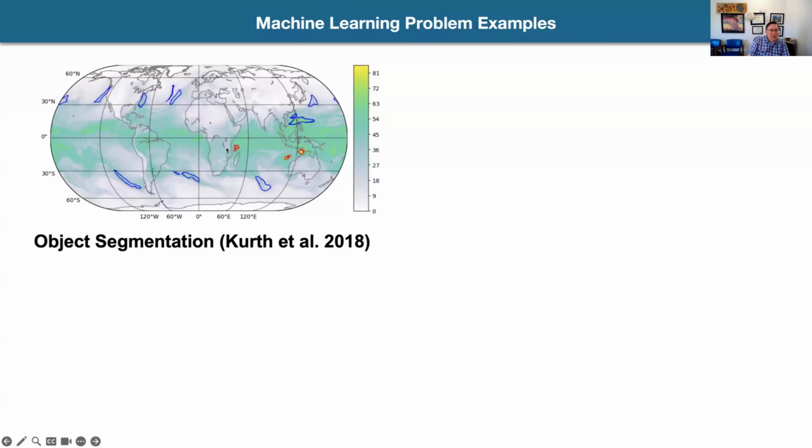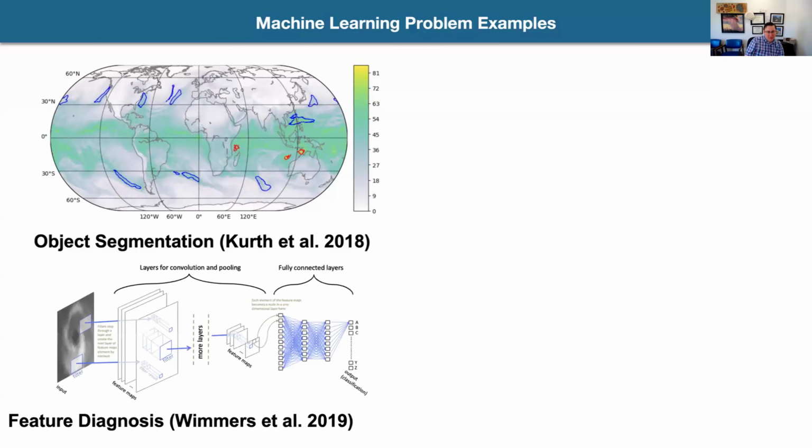In this case, the red areas are tropical cyclones, where we're looking for the centers of those. The blue contours are atmospheric rivers. If you look at an image and find these, then you can track their properties over time. Are they getting bigger or smaller? How are they moving? There are a lot of large weather data sets where one wants to understand it, and the first step is finding the interesting things in it.